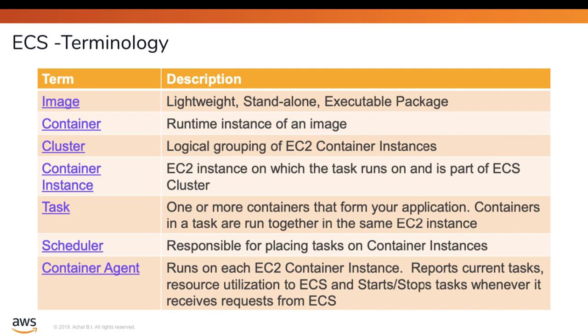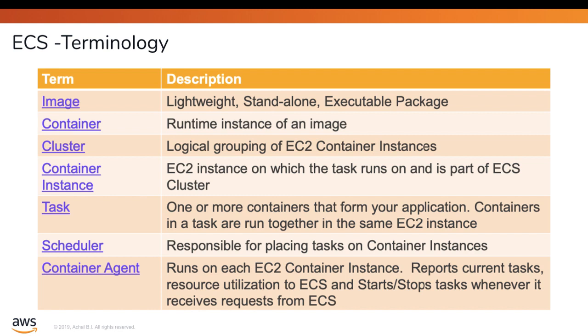So you can think of tasks as your logical service, where you could create containers for a web server, an application server, and a database server. So all three can be three different containers within one task.